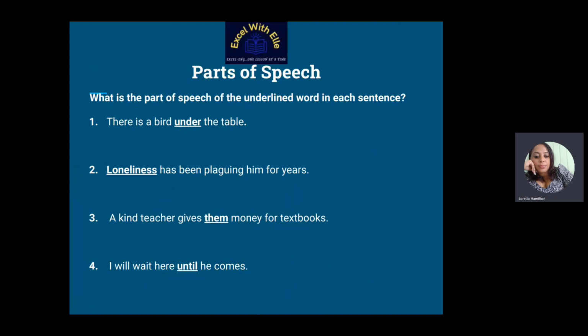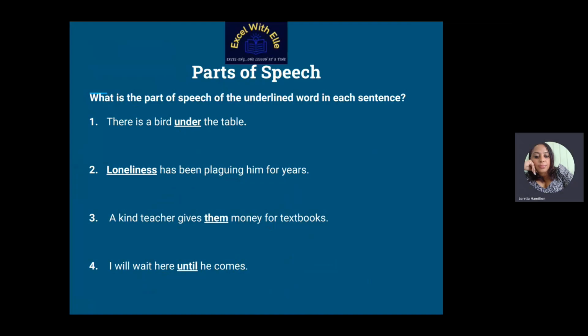Now, what I say to my students all the time is that when you have these types of items, the first thing that you have to ask yourself is, what is the function of the underlined word? What is the work of the underlined word? Once you're able, firstly, to establish the function of the focus word, or the underlined word in this case, you should be able to identify the particular part of speech. So let's look at the first one.